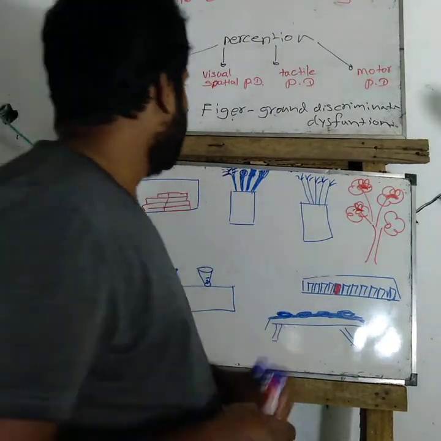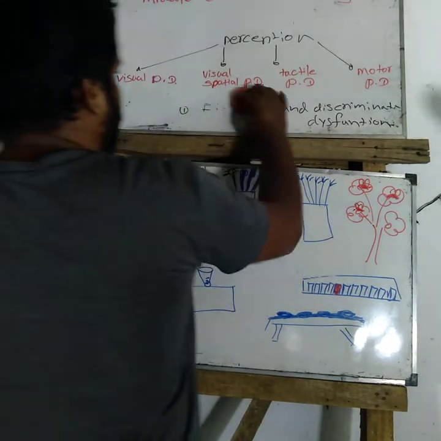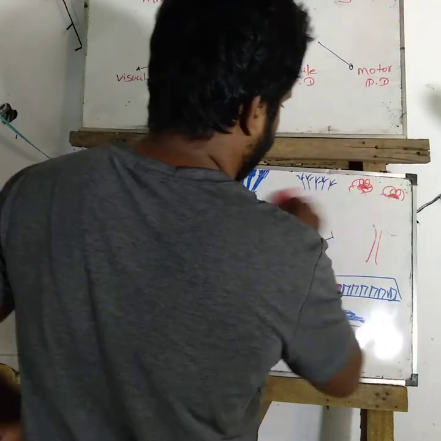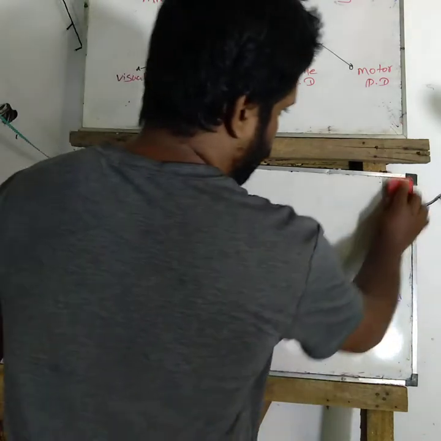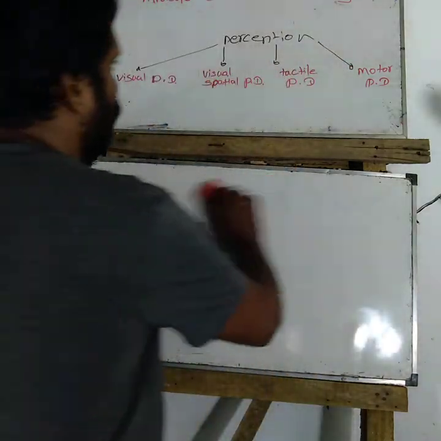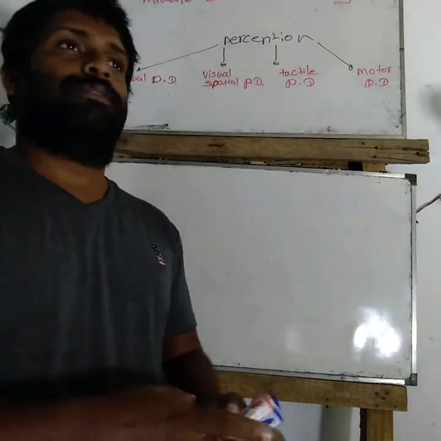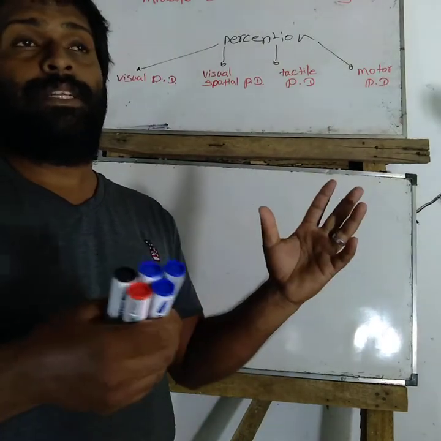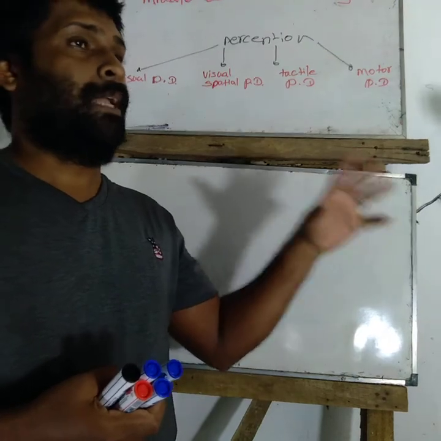The next one we are going to discuss is the figure ground discrimination dysfunction patient when they went shopping. There is a lot of complexity inside the shopping, because of same color things.